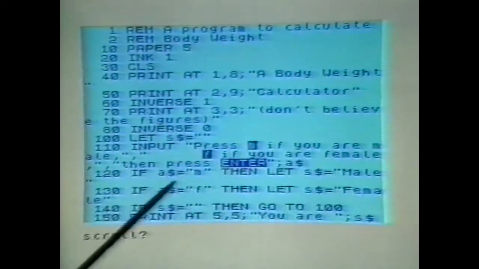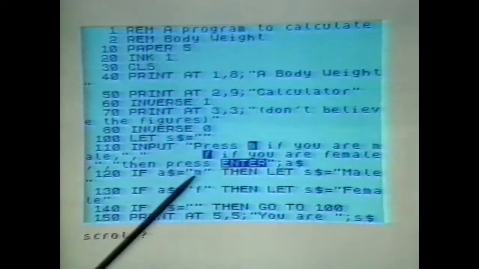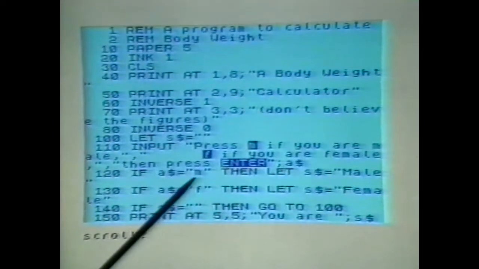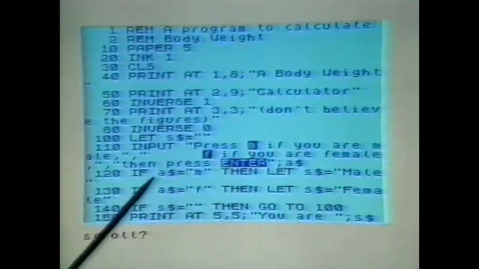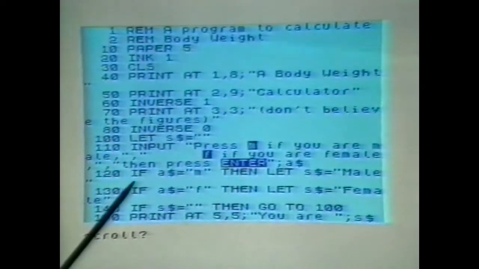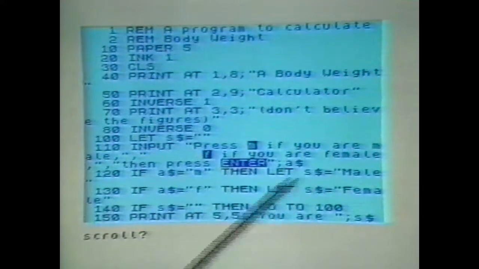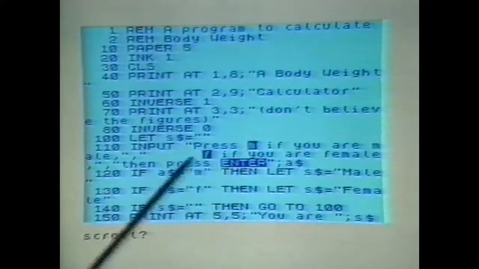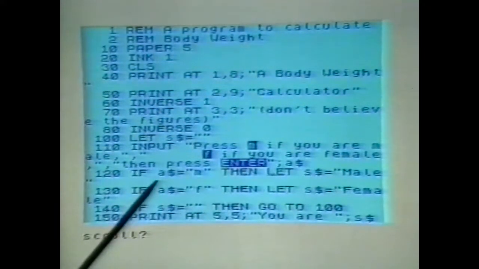If A$ is equal to M. Now here we're asking a question about that character that was typed in. We're saying, is the value that's in the variable A$ an M? If asks a question, and it will only do something if that gives us a true answer, a yes.